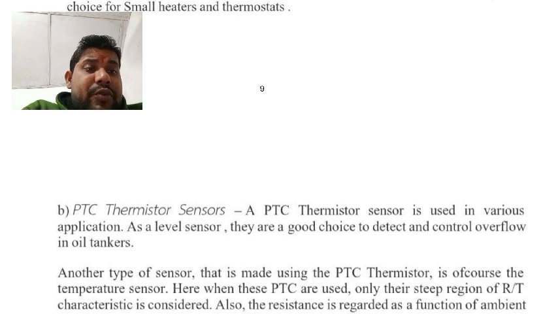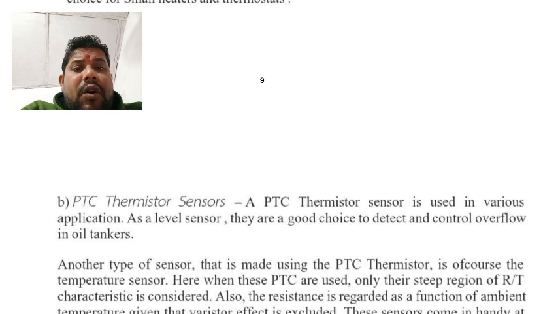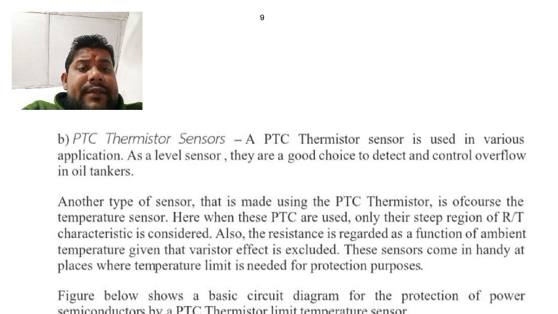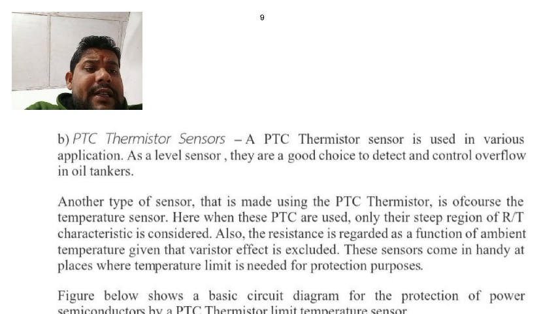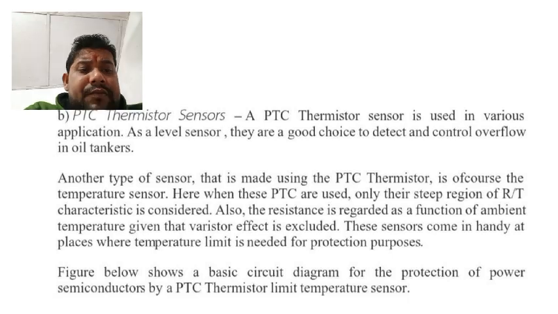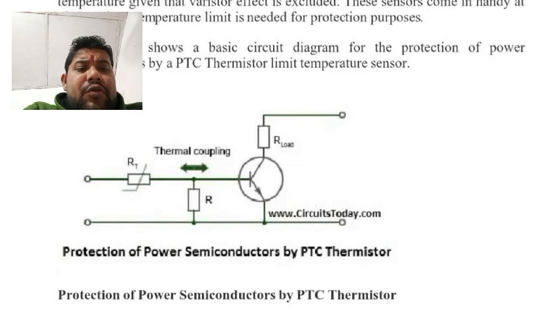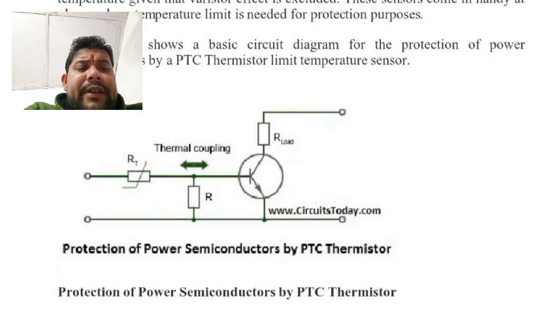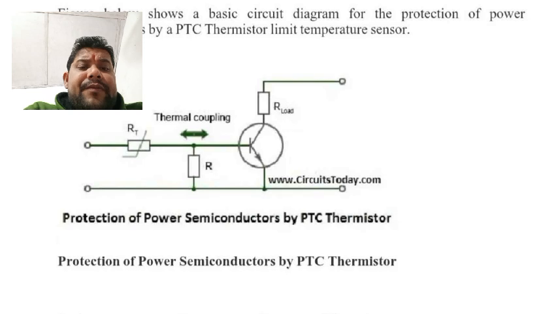They are good choices to detect and control oil levels. Another type of sensor made using PTC thermistors is of course the temperature sensor. Here the PTC uses its step region. PTC can also be used for protection of semiconductor devices.